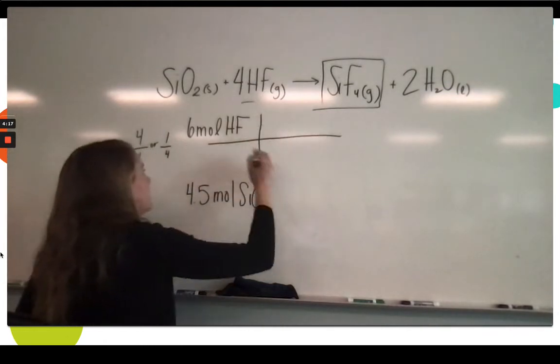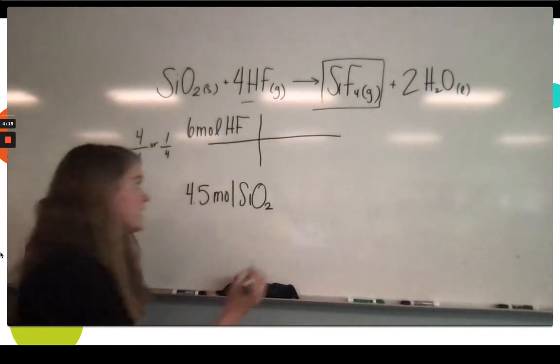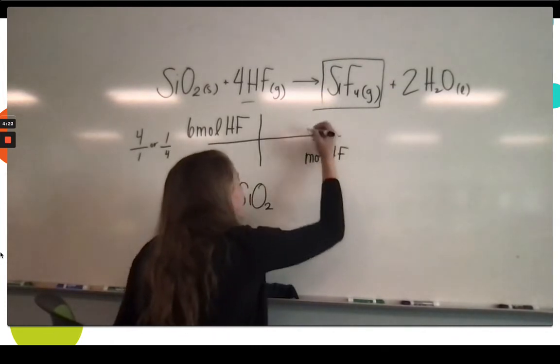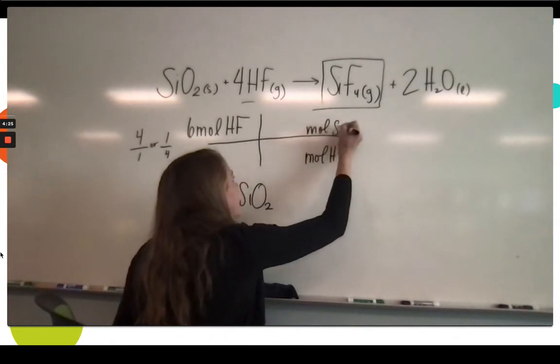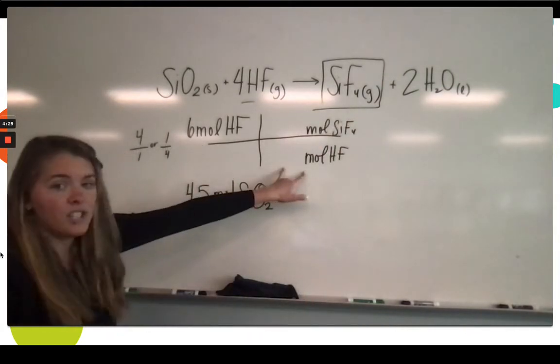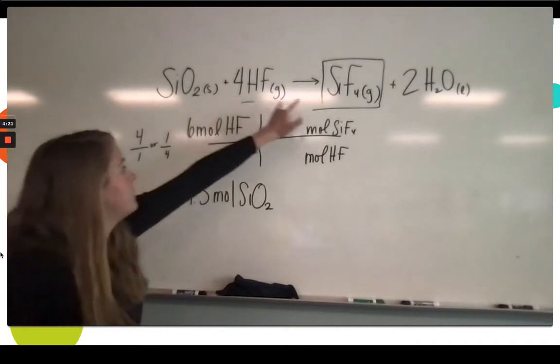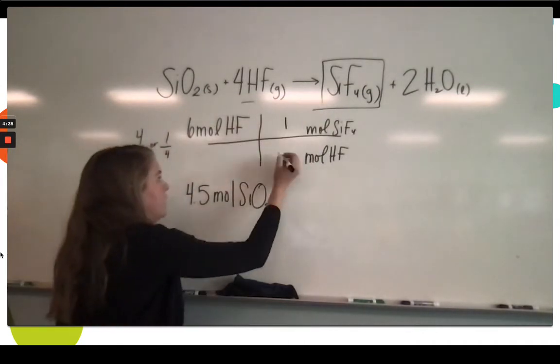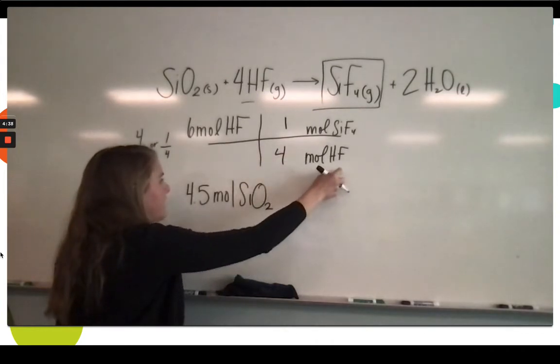So when solving these problems, we have moles of HF on the top, so we need moles of HF on the bottom. And we're going to convert this to moles of SiF4. We know we have moles of HF on the bottom, so we're going to use our 4:1, so 1:4, 1 mole of SiF4 to 4 moles of HF.